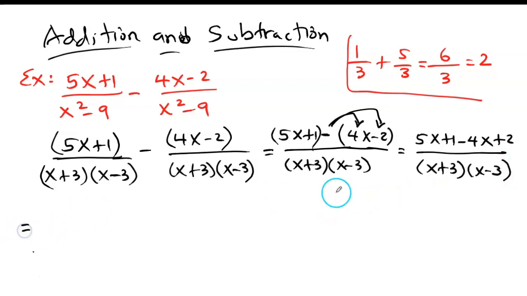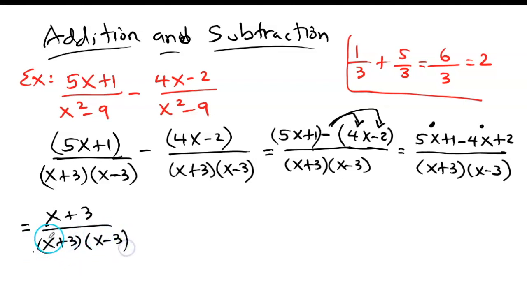Let's keep going. Let's simplify the top. 5x minus 4x, then I have an x right there. 1 plus 2 is 3. And I just finished the top. I'm ready to simplify more. I'm ready to simplify the top and the bottom. Right now I just did the top, right? Because I'm subtracting.